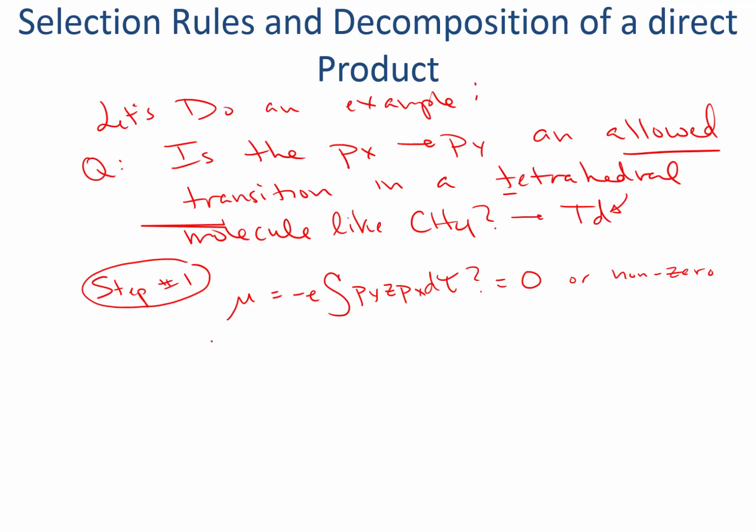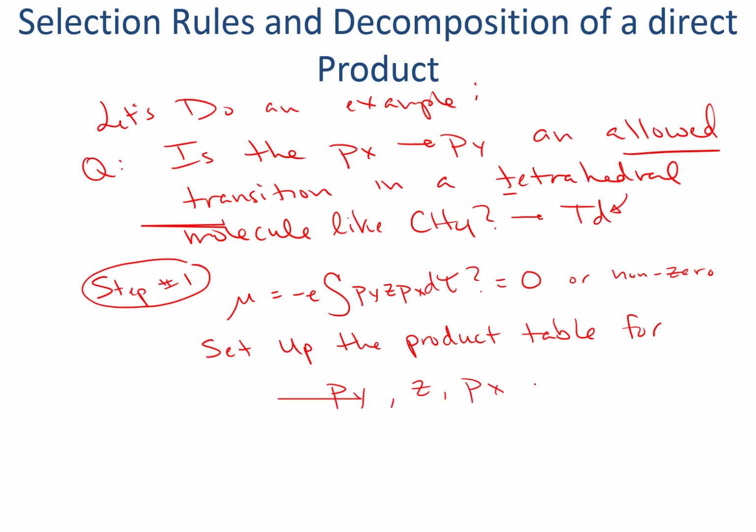You have to set up the product table for py, z, and px using our Td character table.